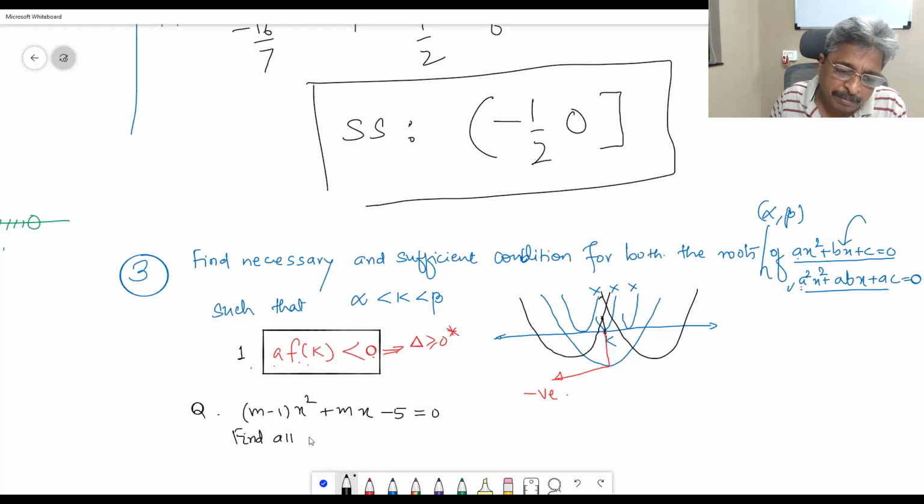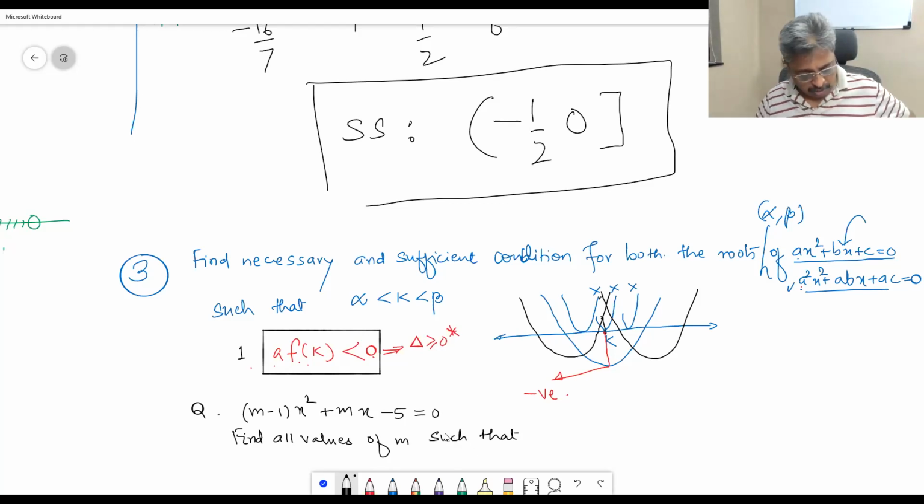Find all values of m such that one root is less than 1, another root is greater than 1. Alpha is less than 1 is less than beta.